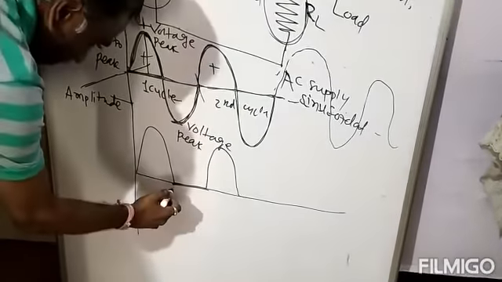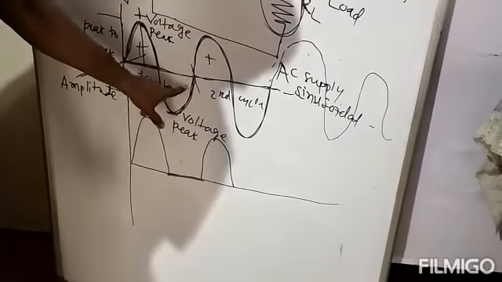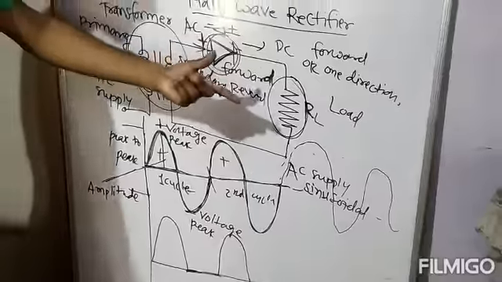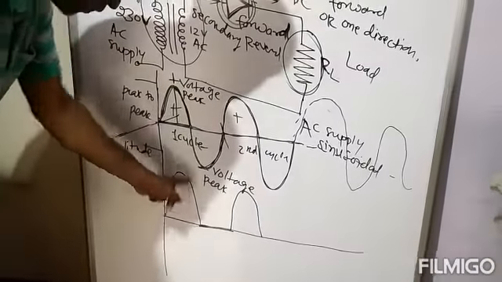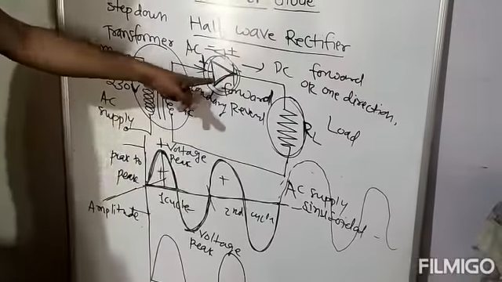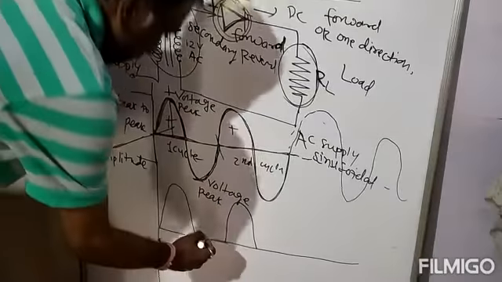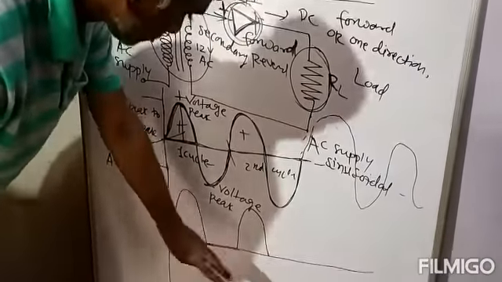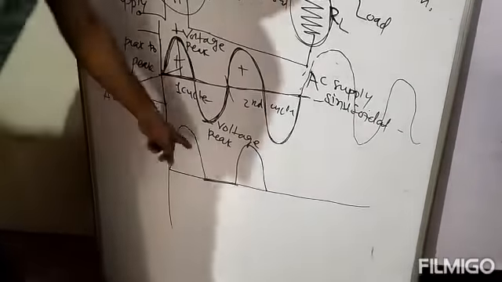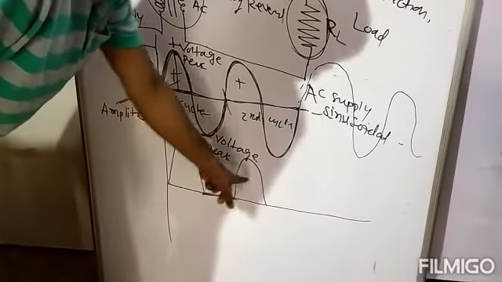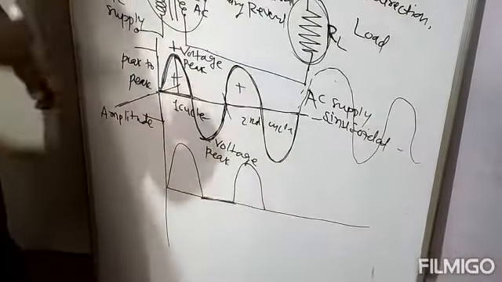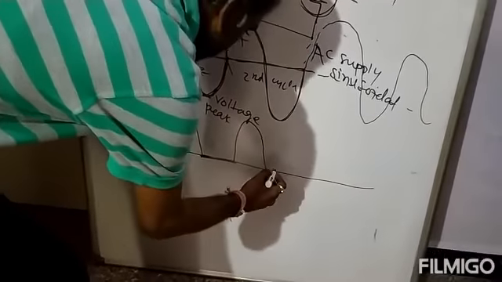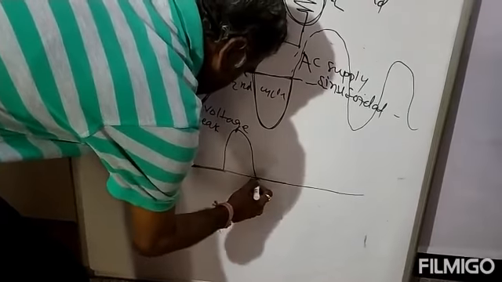This waveform is missing like this, because for this half cycle the diode is in the reverse direction, and for this half cycle the diode is in the forward direction. As there is no flow of electrons, there is no waveform, and we see that the half cycles are in only one direction. Again for this half cycle there will be no conduction.